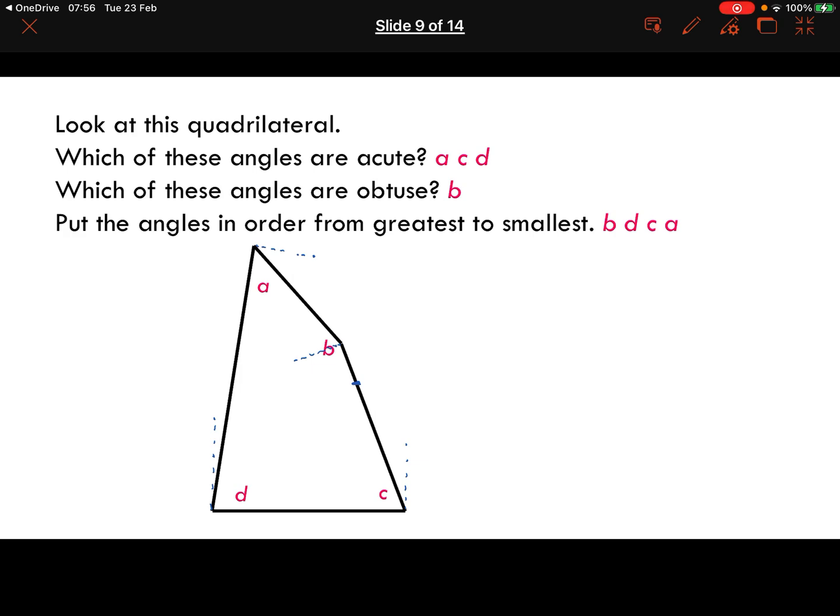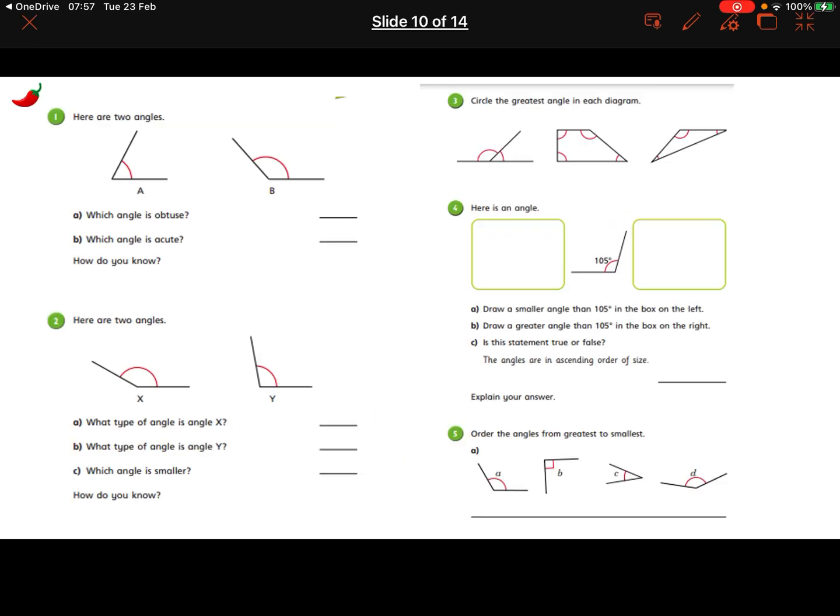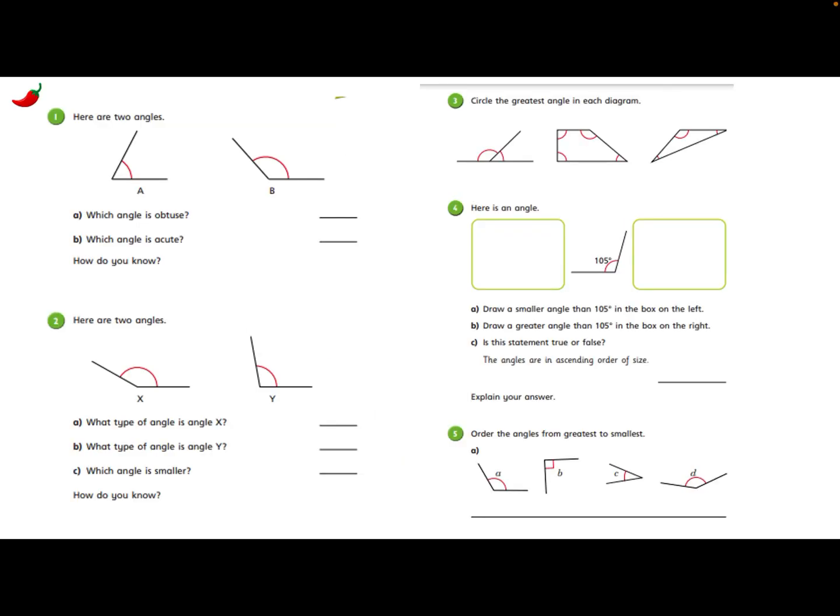So I'm putting in my rough ones in. We can see that A hasn't yet got to 90 degrees. D or C haven't got to 90 degrees yet, so they are all acute angles, which means B is obtuse. And if we put them in order, we can see that greatest, largest is going to be B, then it's going to be D because it's closest to 90, then it's going to be C, and then it's going to be A. Well done if you got that.